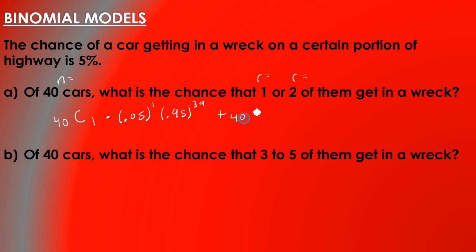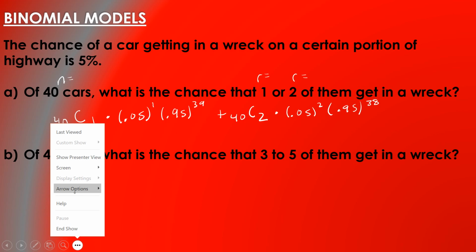Then plus 40 choose 2, so 2 of them, times 0.05 squared, 0.95 to the 38. Now, it's possible that our calculator will not actually do this for us, or at least not nicely.